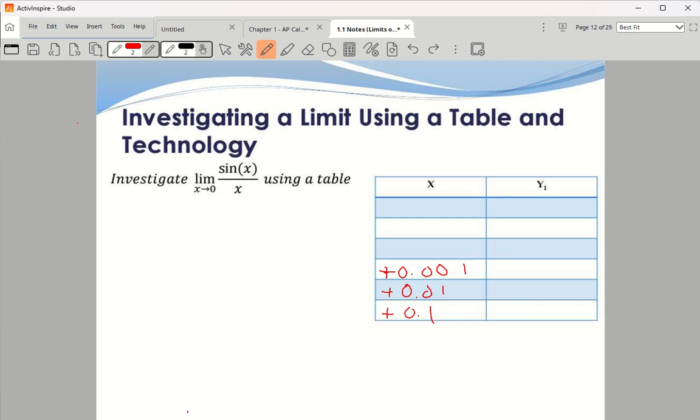So this should have been negative 0.001, 0.0001. There you go, like that. So as I get closer, closer, closer, this should all be 1, right?